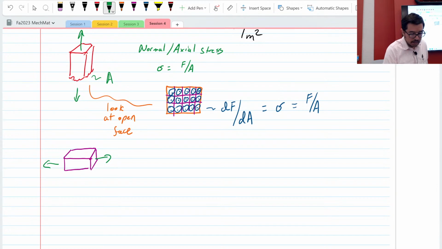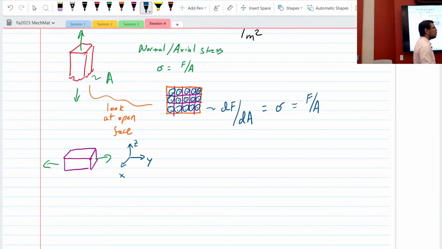Let's say that our coordinate system is the following. We have z upward, x this way, and y this way. So z coming out the top, x coming at you, y going to the right.